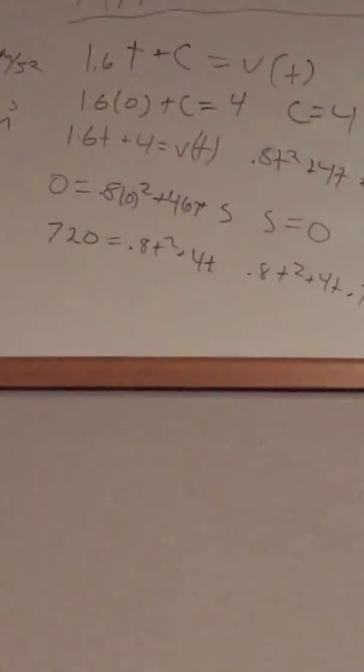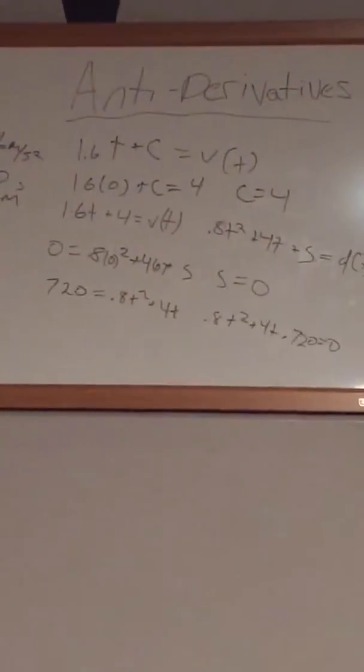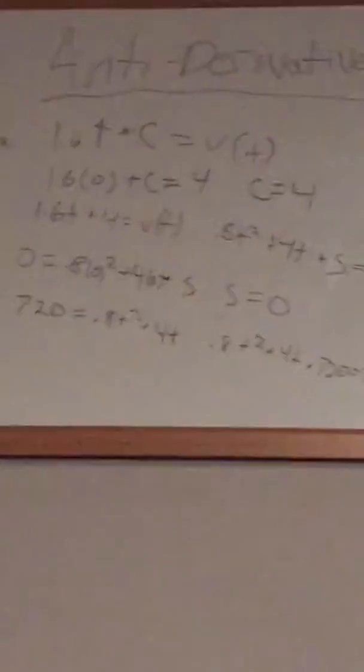Part C: if instead of being released from rest, the rock is thrown into the crevice from the same point with a downward velocity of 4 meters per second, when will it hit the bottom, and how fast will it be going when it does? Since it's a continuation of the last two parts, you know acceleration equals 1.6 meters per second squared, time equals 30 seconds, and d equals 720 meters.